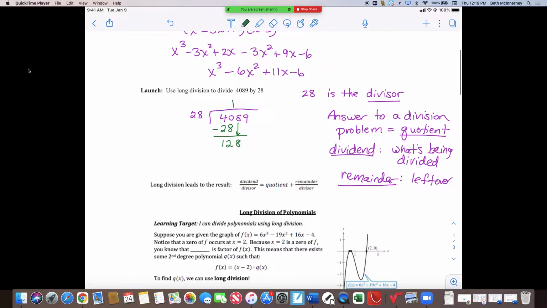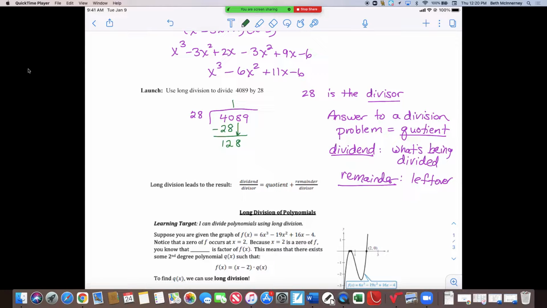Now I'm going to ask myself, 28 goes into 128 how many whole times? Now if you're not touching a calculator, we're going to play with our fingers here, is 128, or 28, excuse me, the divisor 28 is pretty close to 30, right? So if I go 30, 60, 90, 120, right?